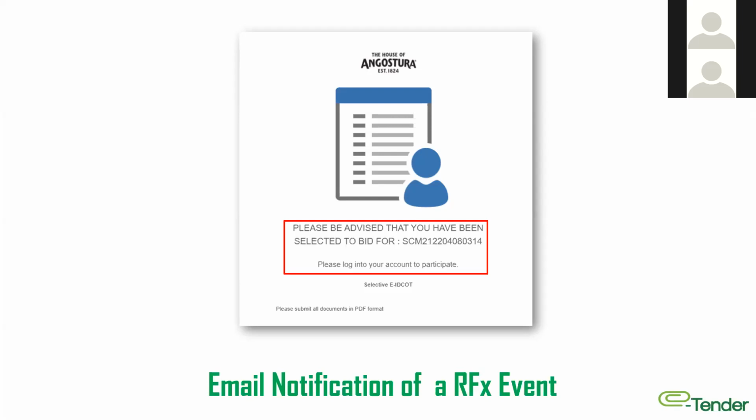If, however, you've been selectively invited, as you would see here prompted by this email, the email will tell you that you've been selected to bid for a particular RFX, and it will invite you to log into the application to view the package to see if it is something that you would like to participate in.